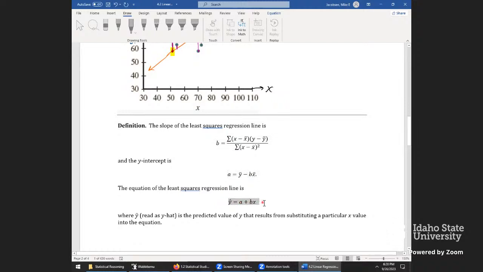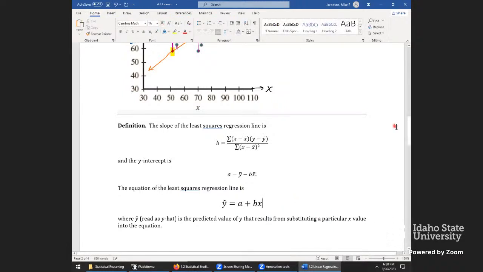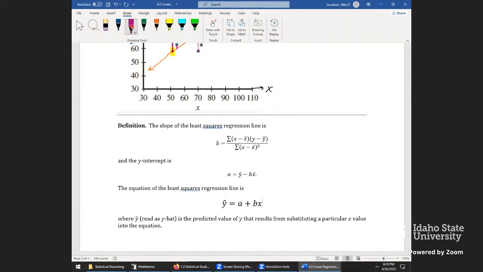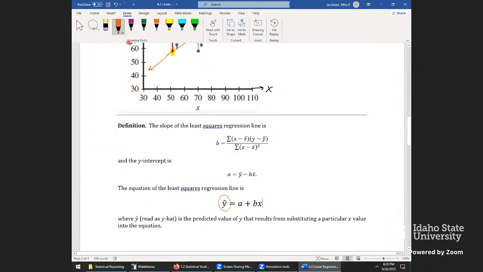And finally, the least squares regression line, we typically write in this format. Notice the thing that's a little bit odd about it right here. There's an unusual symbol on Y. There's the so-called hat symbol. So this is read as Y hat.